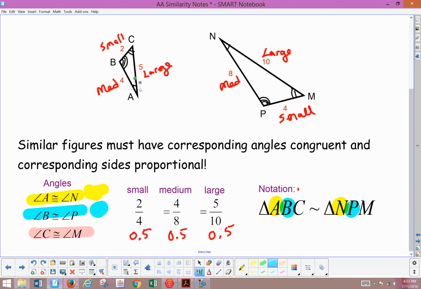B matched with P, so P had to be the second listing in my figure on the right.